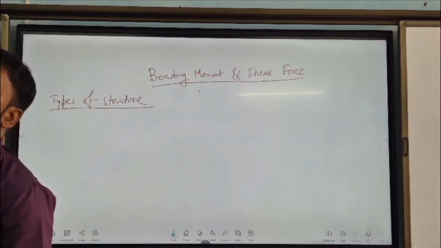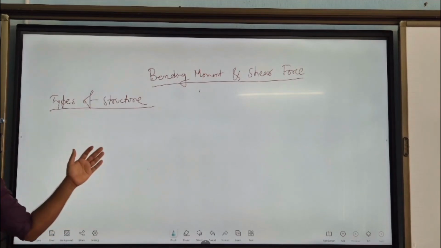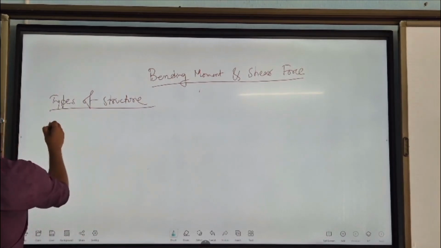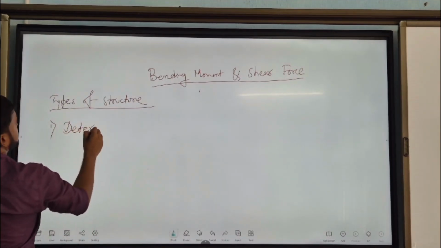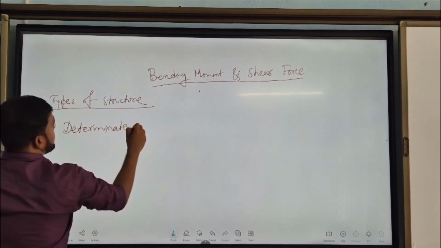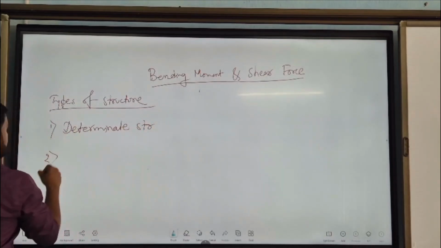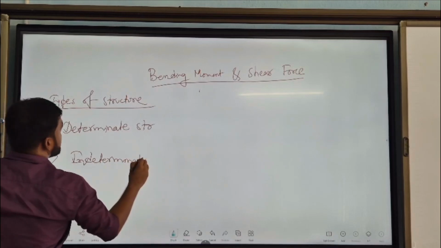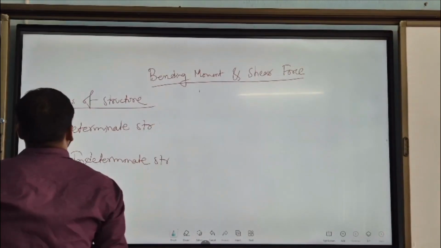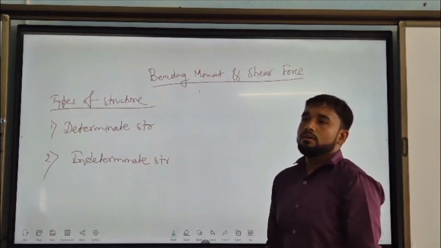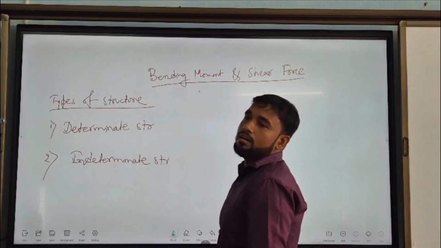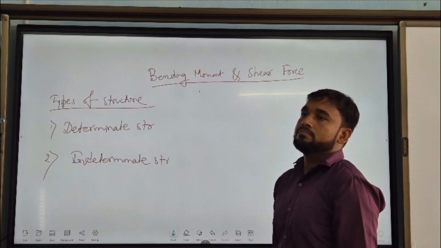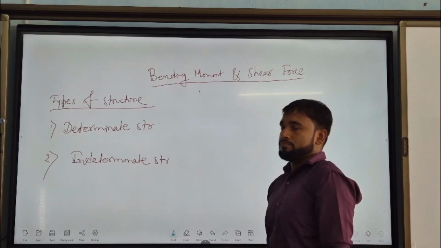As per resting conditions, there are two types of structure: determinate structure and indeterminate structure. What is a determinate structure, anyone? What is a determinate structure? Equilibrium condition, summation of moment is 0 for the structure.